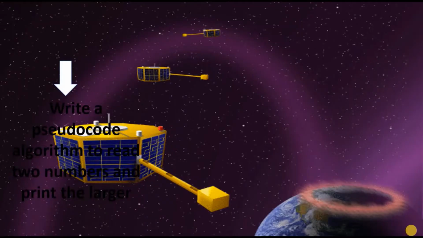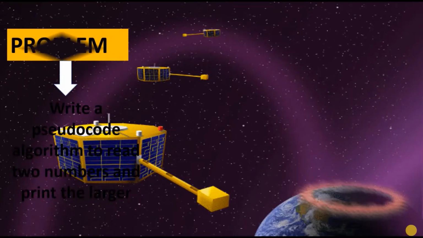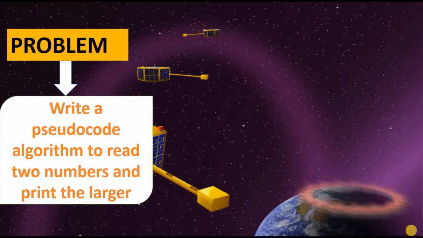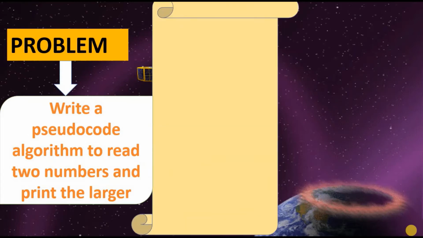The first problem that we're looking at says write a pseudocode algorithm to read two numbers and print the larger. The thing that we would need to do is to ensure that the user enters the two numbers, and then from here we can make a decision to determine which of the two numbers is the larger.